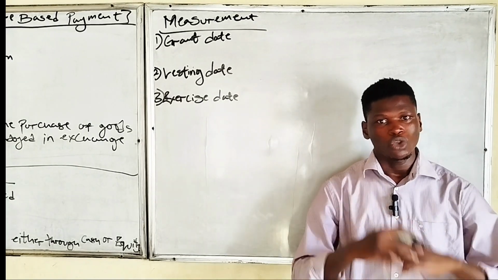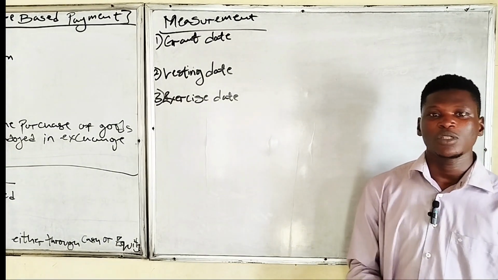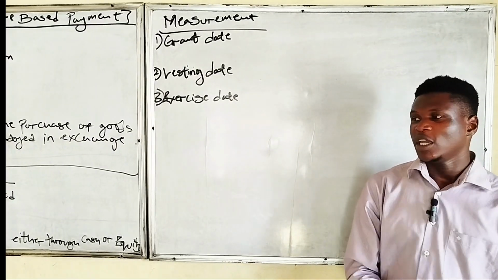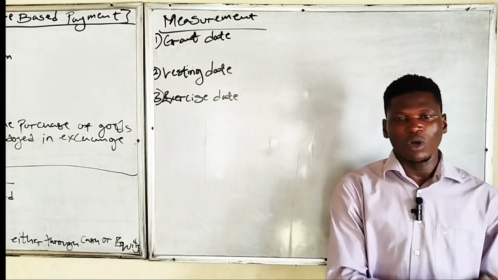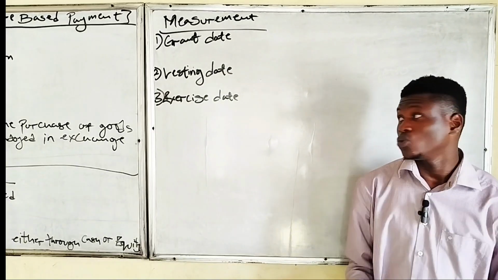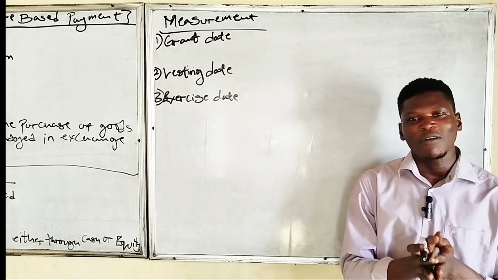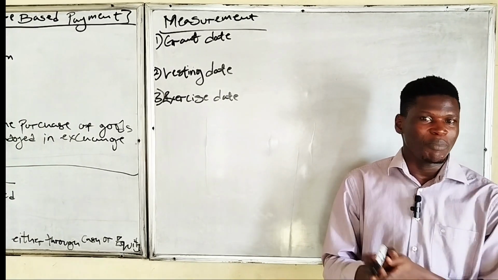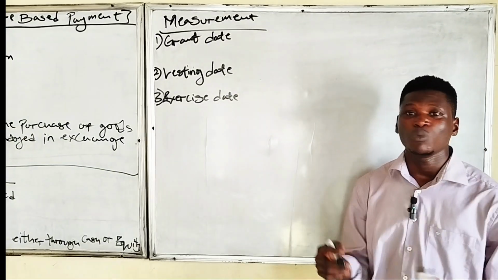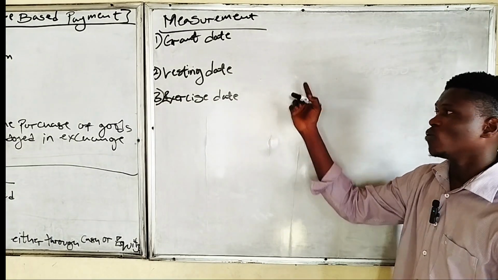So one of the vesting conditions, for example, is that they must be in the company till a particular period of time. Meaning that if you have actually left as at this particular period of time, then you will not be entitled to this share-based payment. So one of the conditions is that they must still be available in the company as at the reporting period, or as at the date which we will be giving out this share-based payment. So that's one of the vesting conditions, which relates to vesting date.